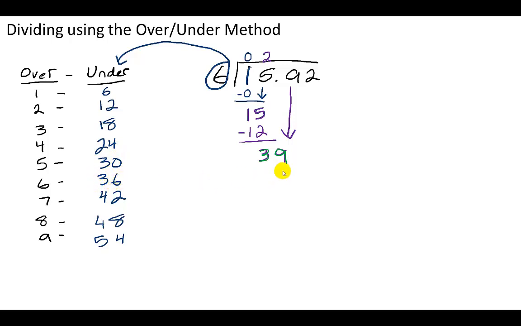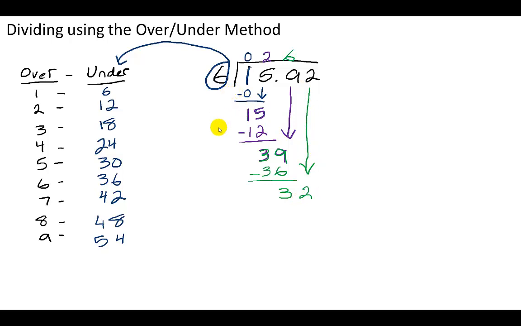So under our work, we're writing 36, and over our division problem, we're going to write 6 over the 9 that we brought down. We're going to subtract. 9 take away 6 is 3. 3 take away 3 is 0. We're not done. We have a 2 to bring down, so I bring down the 2.